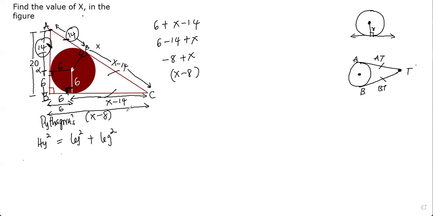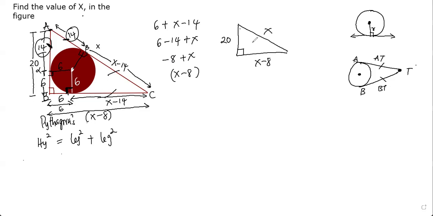So let's move on to the next part of this problem. Now, the next part of this problem is the most important part. I would like to bring out this triangle in its cleanest form. So I have this to be my right angle here, and we know here is 20, and from here to here is just x, and now we know from here to here is x minus 8.